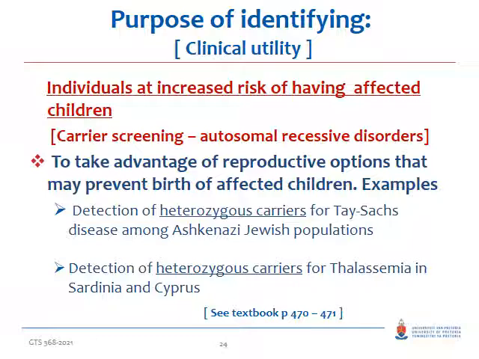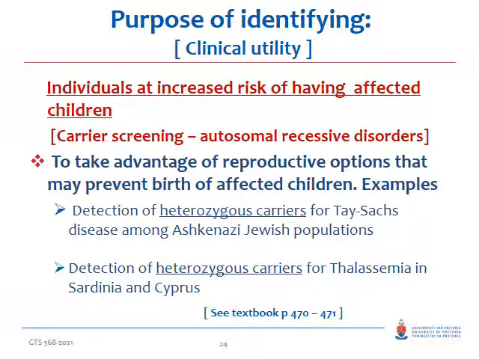A parent might want to know the risk and also take advantage of reproductive options to prevent the birth of another child. In certain communities where there is a common carrier rate for a specific condition, testing might even be performed to determine the carrier status of the couple before they decide to have children.